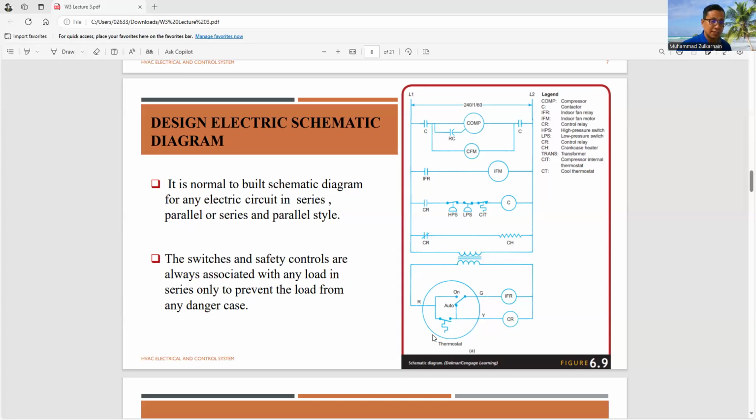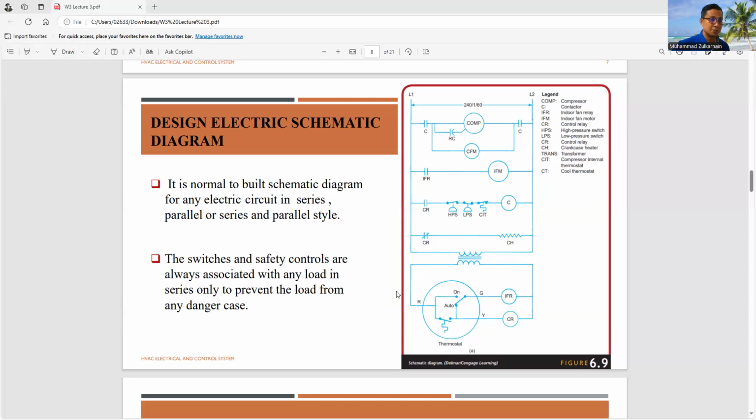Actually, this one is designed as a parallel circuit, but every system, for example the compressor and a fan, is installed in series. So by using an electrical schematic diagram, we can simplify and make it easy to understand.